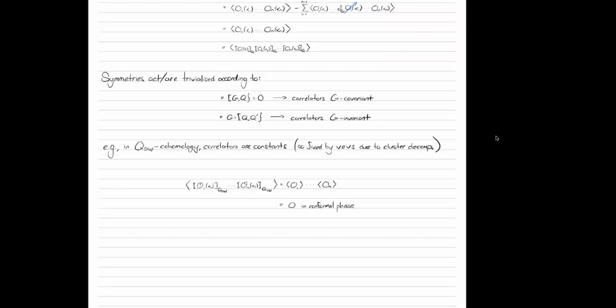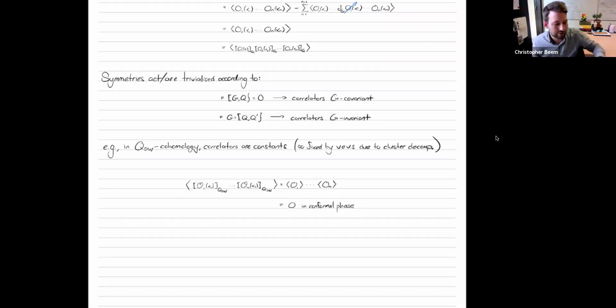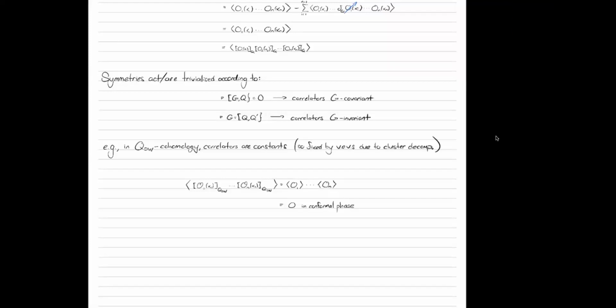So in the non-conformal phase, you don't necessarily have the U(1)_R symmetry. But you should be careful, because of course you could try to go on the Higgs branch, for example, where U(1)_R is not broken.